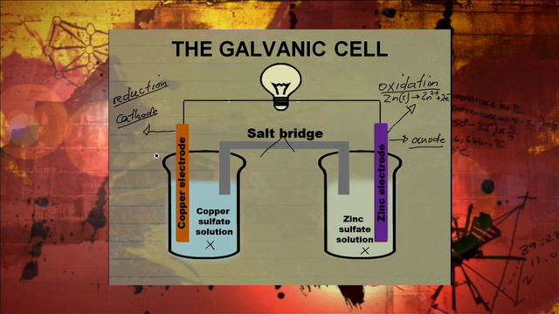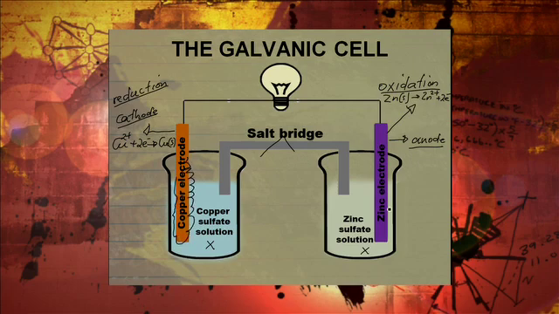Now, how does that reduction occur? We know that inside the solution we have copper 2+ ions. Those copper 2+ ions receive electrons to become copper solid. So that copper solid will be forming around this electrode here.